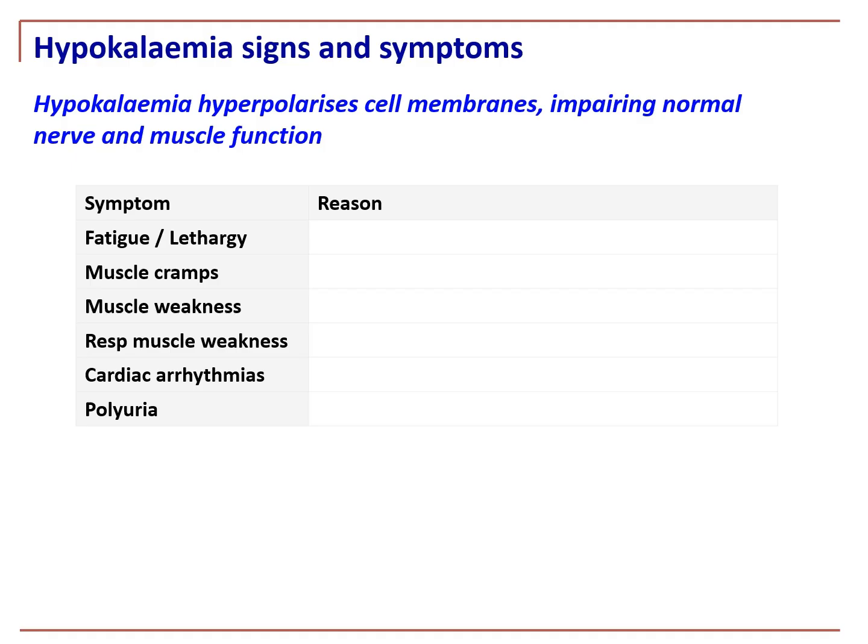What are some of the signs and symptoms? Well, it's important to remember that the hypokalemia causes hyperpolarization of cell membranes, and therefore that impairs normal nerve and muscle function. Some of the symptoms that it leads to are fatigue and lethargy, and it does that through that reduction in neuromuscular function.